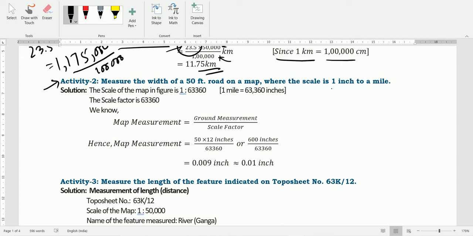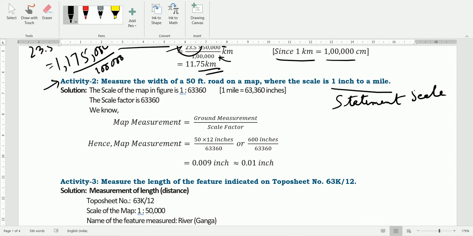Okay, so here this is an example of statement scale, 1 inch to a mile. This type of scale is known as the statement scale. So the question is, measure the width of 50 feet road on a map.